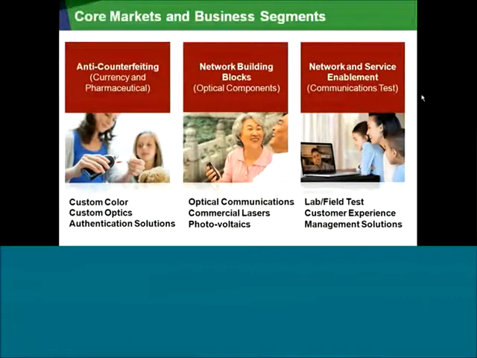We, of course, have all the field test equipment, the lab test equipment, but also have solutions in order to run everything remotely. We also have two other divisions which are very interesting, and we do leverage all of the technology coming in from that part of our business portfolio.